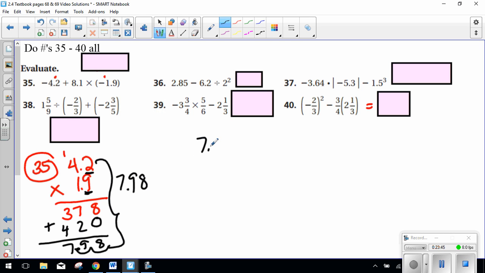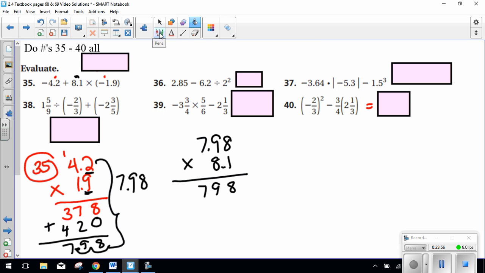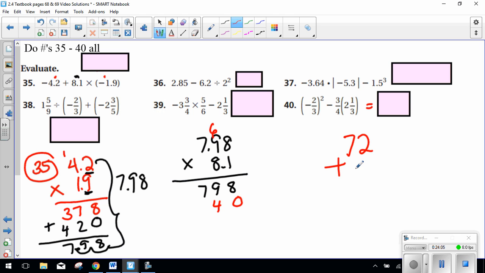So now we take this number and we multiply it to this positive 8 and 1/10. So we get 8, 9, 7. We're done with the 1. We go to the 8. 8 times 8 is 64. 9 times 8 is 72. And we're going to add 6. We get 78. 8 times 7 is 56, and we're going to add 7. That gives us 63.